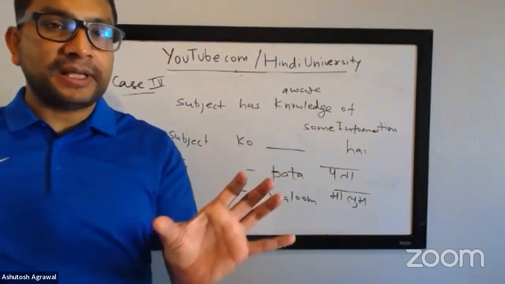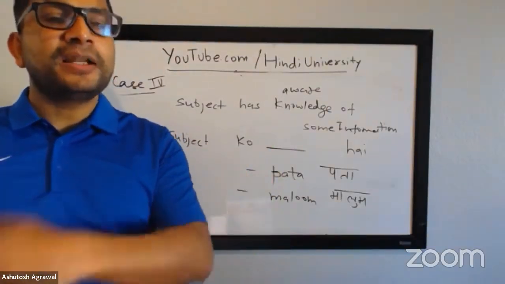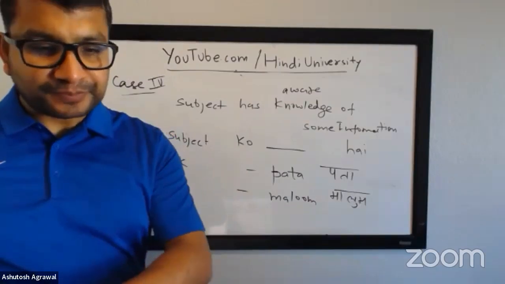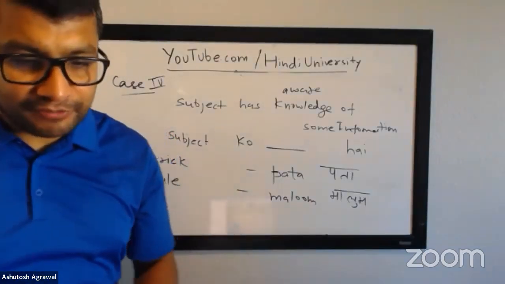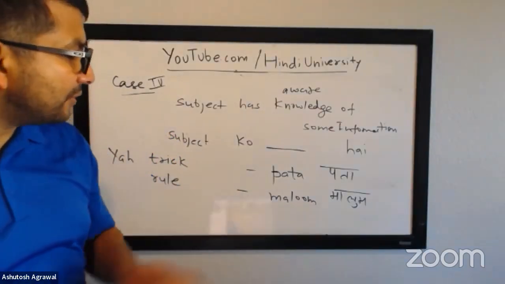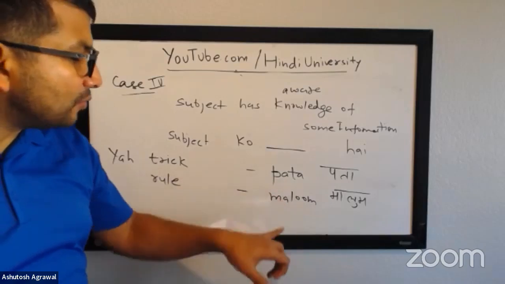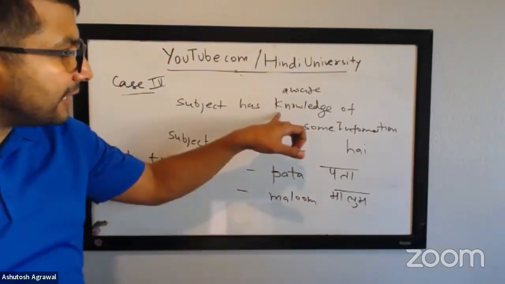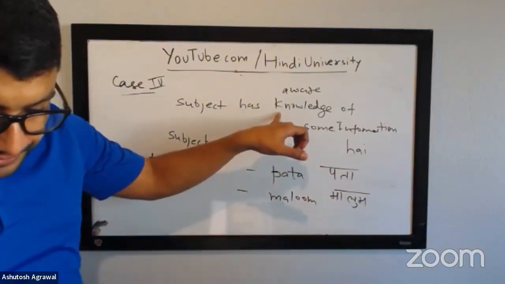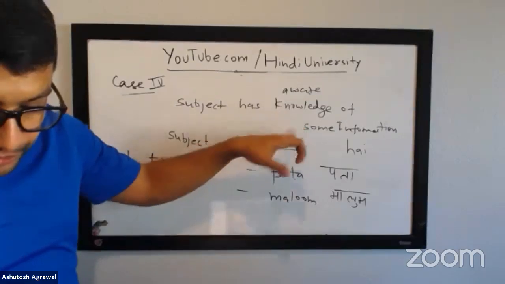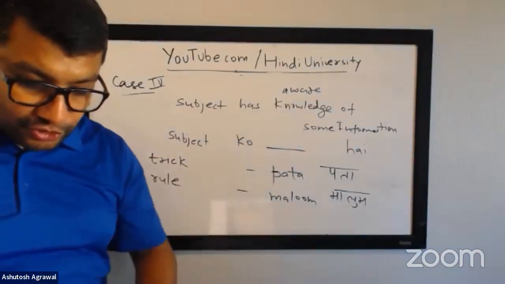So John को पता है कि नेपाल की कैपिटल काठमांडू है. John knows that the capital of Nepal is Kathmandu. Okay, so pata and malum. The difference is it's knowledge of information versus acquisition of knowledge.